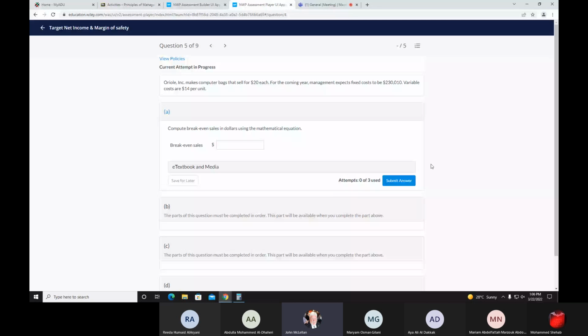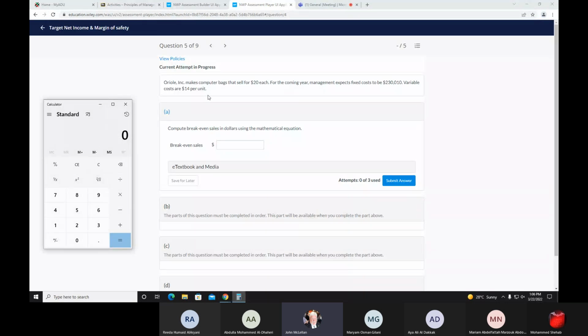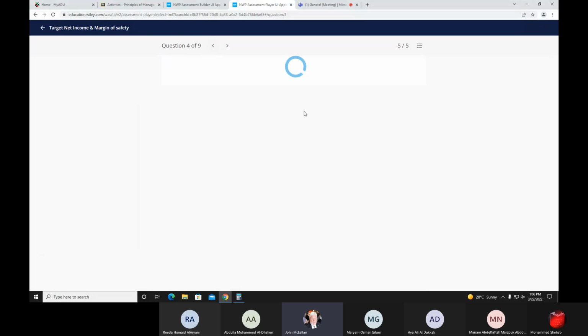No. If the contribution margin ratio is 40, the variable cost ratio is 60. 60 and 40 add up to 100, okay? Now, wait a minute, we're still waiting.